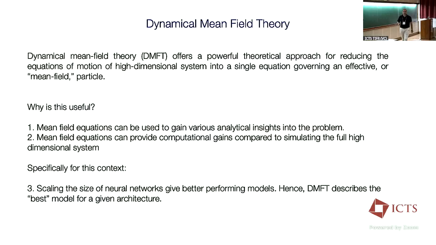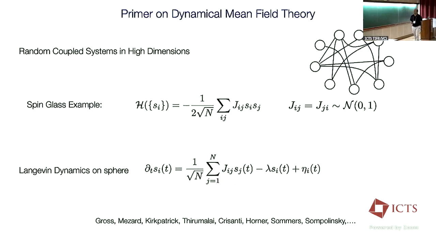So, just to give you an idea of how this works, I'm assuming people might be familiar with Ising-like systems. The idea is the following. We can think about a bunch of spins.